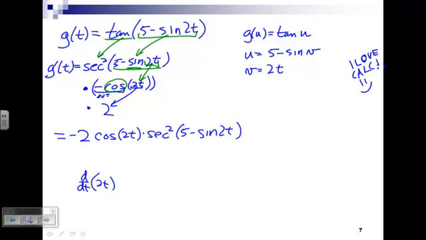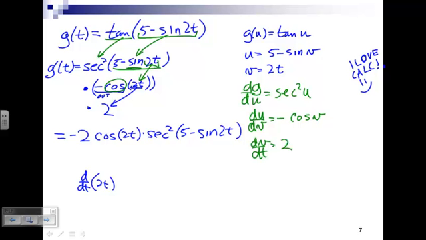Yeah. All right? Now, what if I did it this way? dg with respect to du would have been secant squared, right? Yep. du with respect to dv would have been negative cosine of v, and then dv with respect to t is 2.